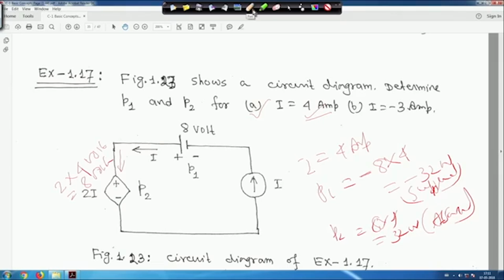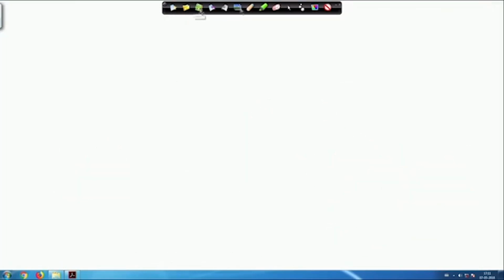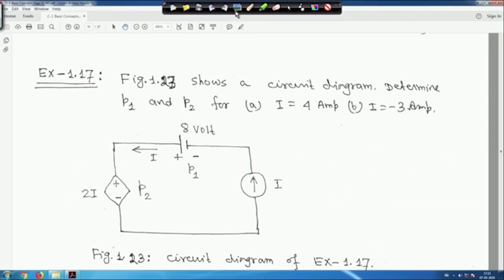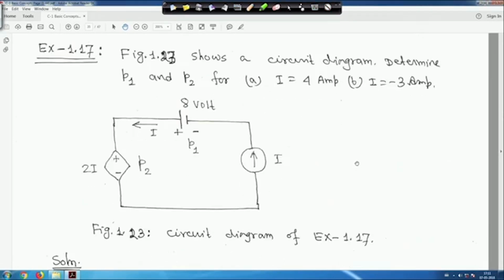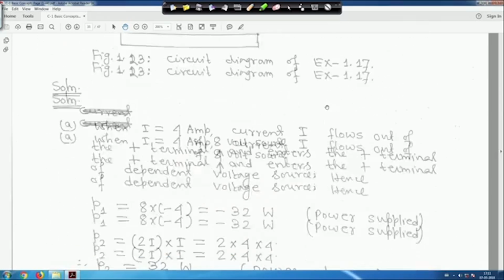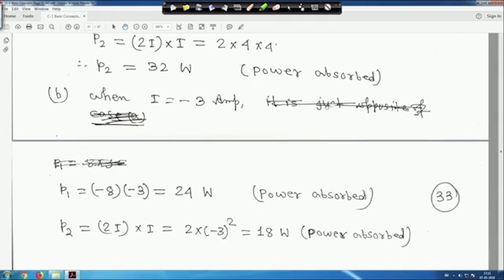So, let me clean this. Right. Second case, I is equal to minus 3 ampere. This one in the second case, please do not read, I am striking it off, because the calculation here is wrong.